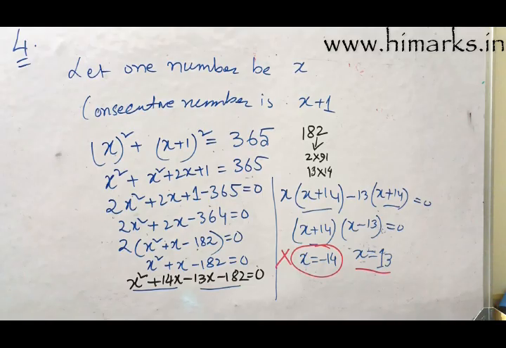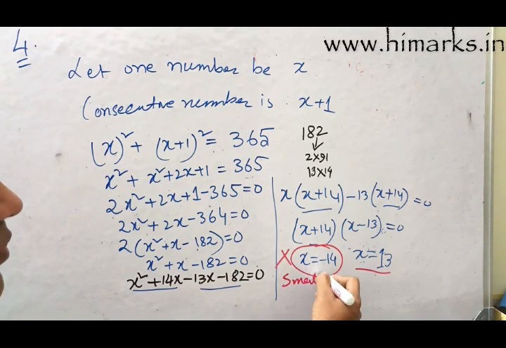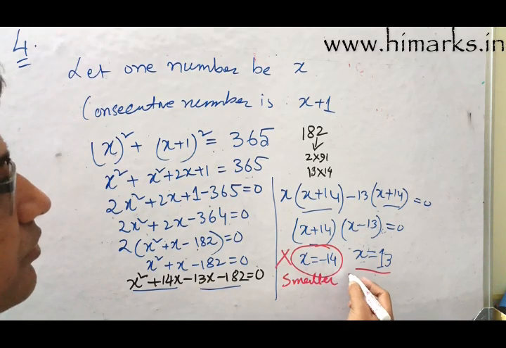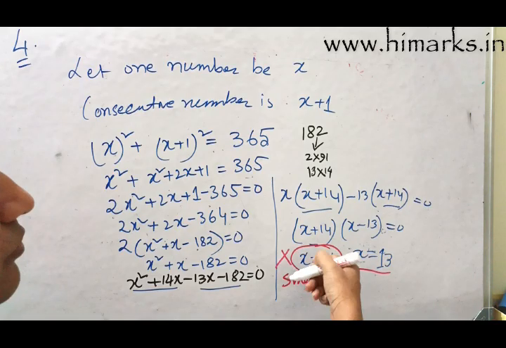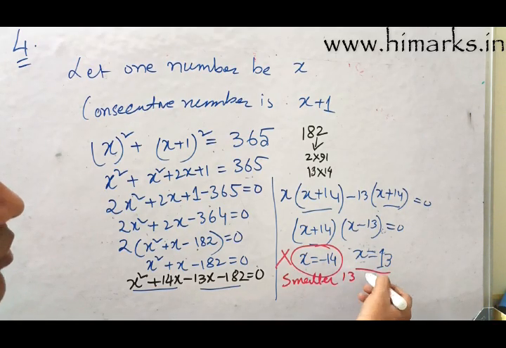So the smaller number is 13. So in this consecutive number, you have to write that the smaller number is x equal to 13. The smaller number is 13. So the two consecutive numbers are 13 and 14.